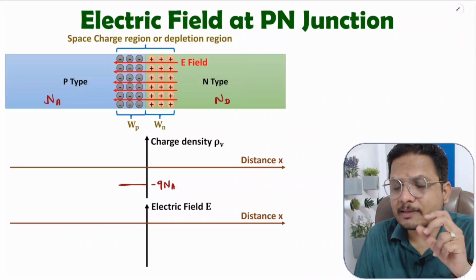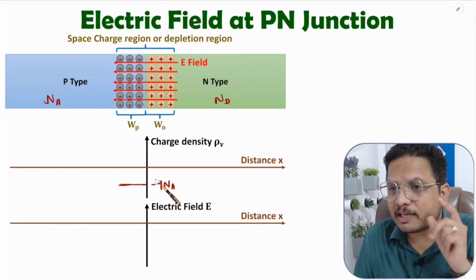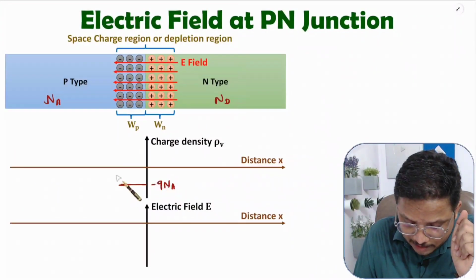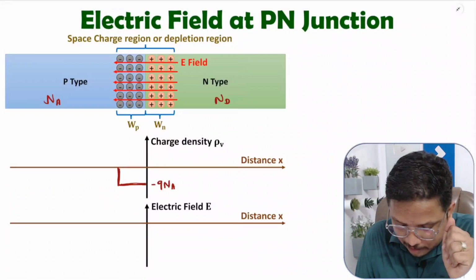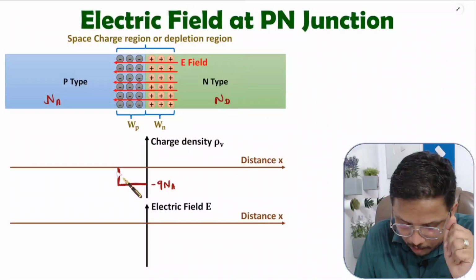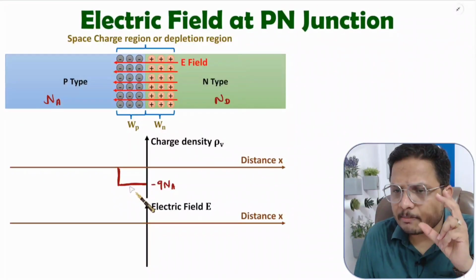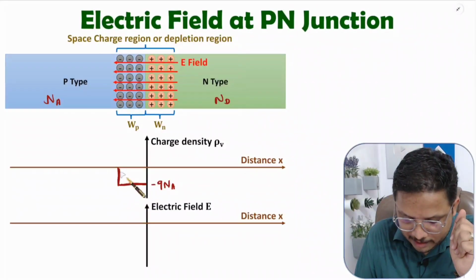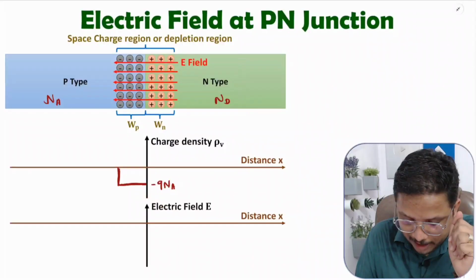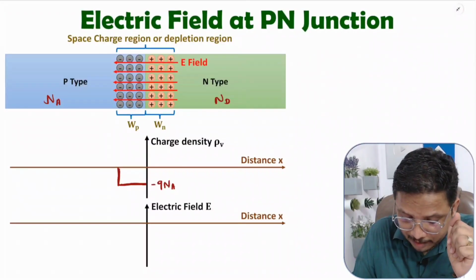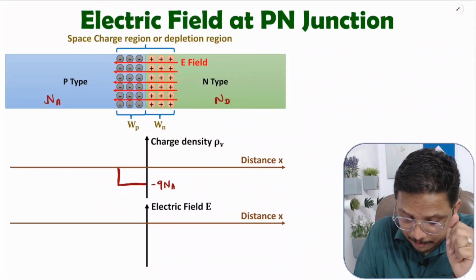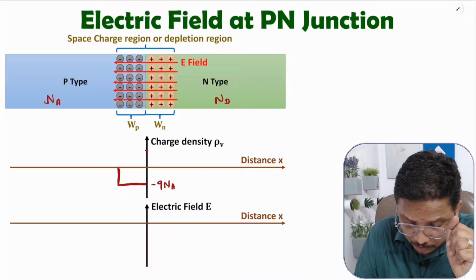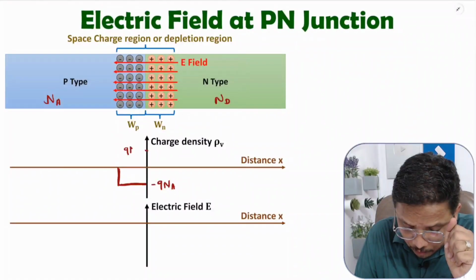Here I am considering depletion region approximation, in which I'll consider the value to be constant like this. Practically there will be a bit of curve over here, but for simplicity of calculation we are just considering it like this, where this width is Wp at the side of P type. And if you want to plot charge density at the side of N type, the value will be plus Q into Nd.